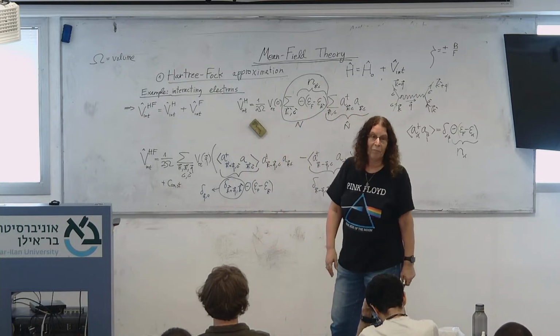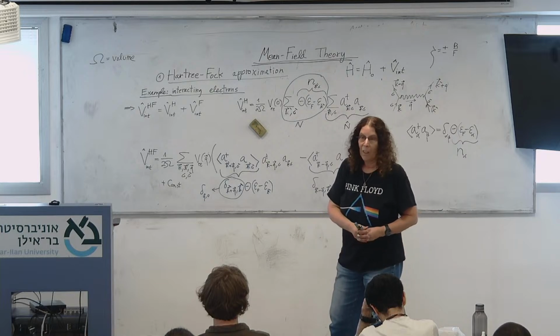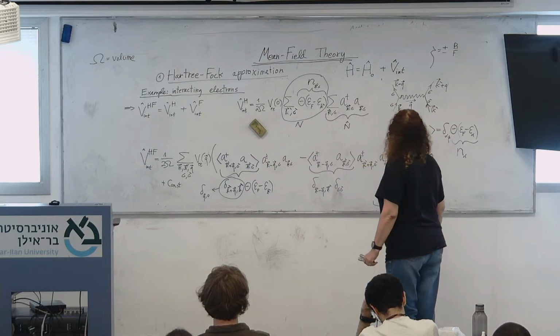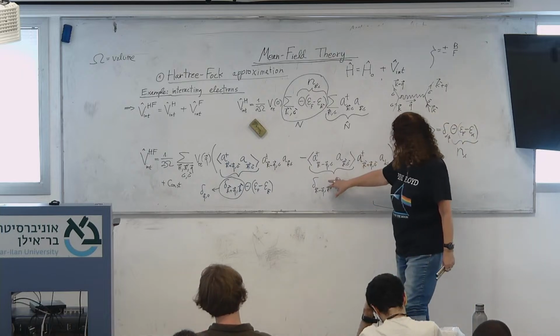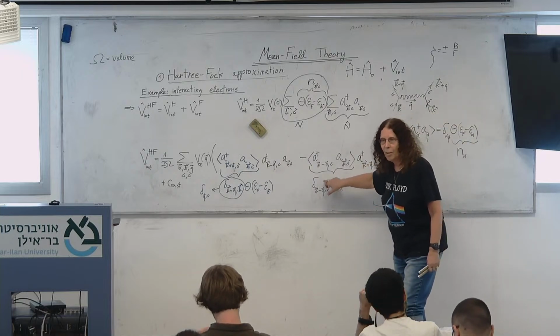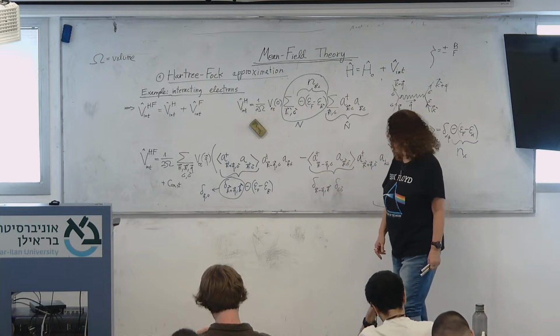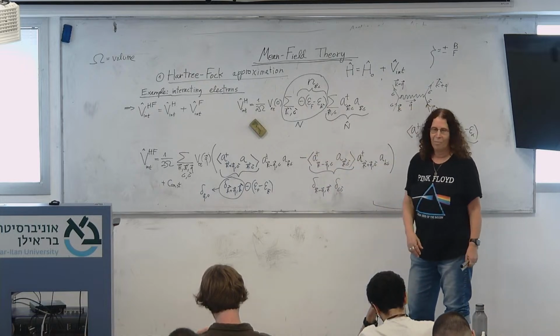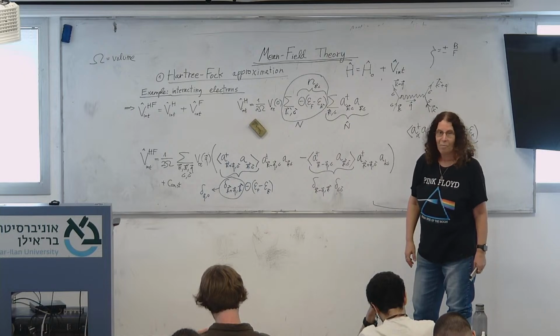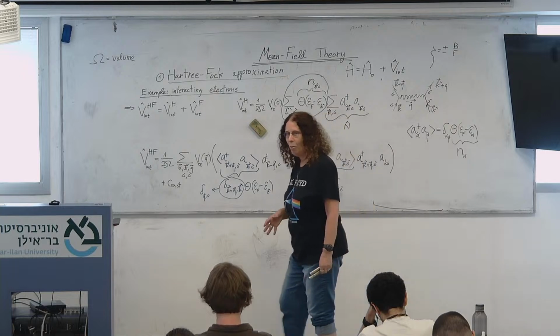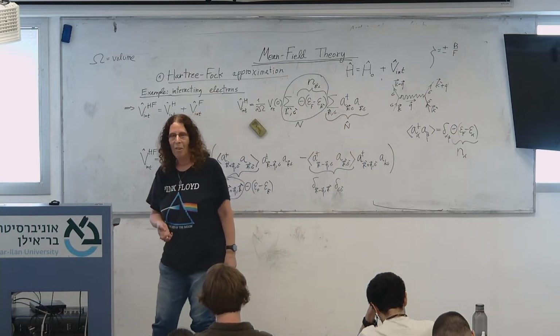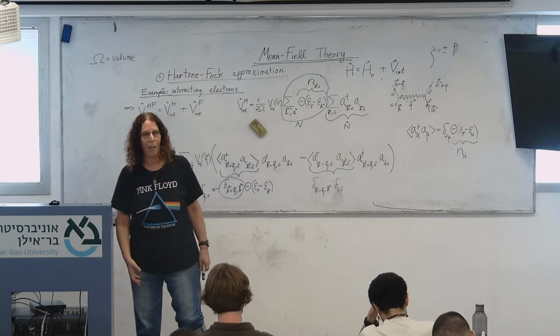It cancels. So there is only one correction that is important, and that one actually comes from the Fock term. And it's negative. Amazing, okay? So to leading order in perturbation theory, a repulsive Coulomb interaction gives you a negative correction to the energy.